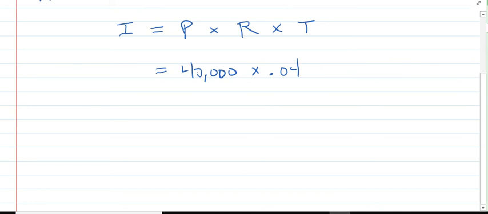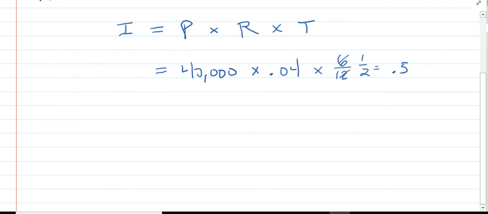And we know that the loan was for 6 months. So it's not going to be for the total time. It's going to be for half of the time. So your book will give you this, which we know reduces to this, which we can put into decimal form as 0.5.